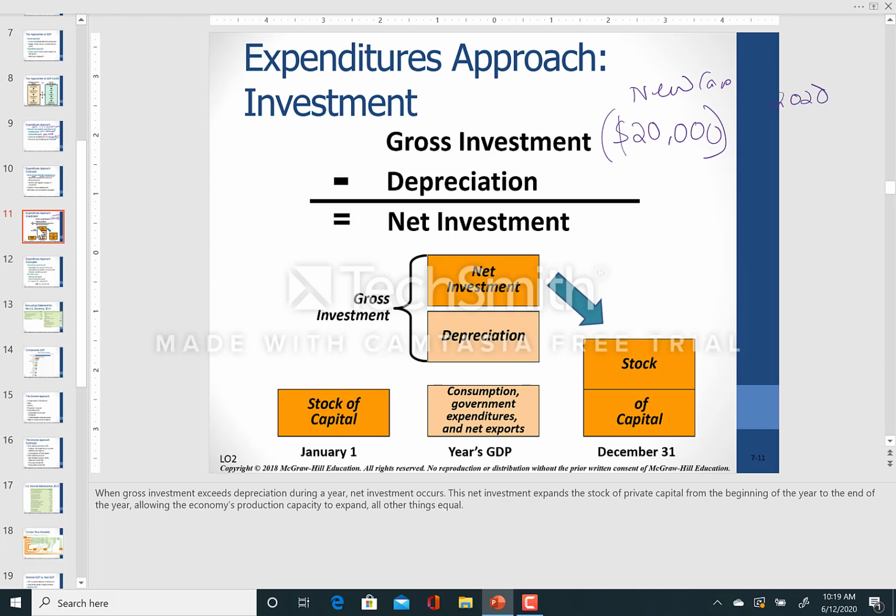After that, you are accumulating some miles on your car, and that is basically the depreciation, and the value of your car is lost because you accumulated miles worth $5,000. The net investment will be $15,000. That is gross investment minus the depreciation.